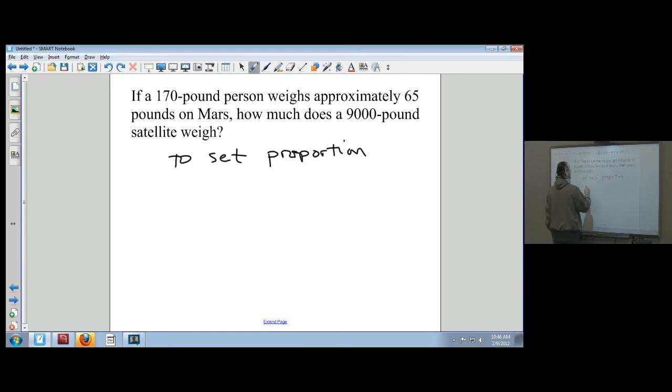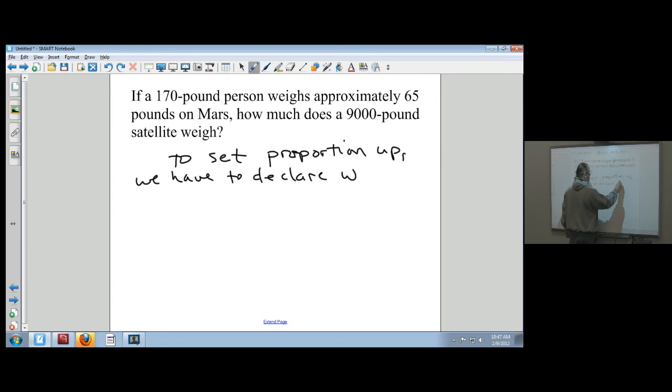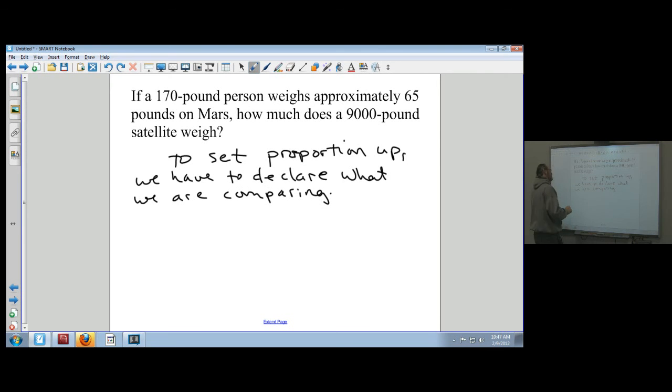To set a proportion up, we have to declare what we are comparing. What are we comparing? We're comparing two items. We're comparing the weight on Mars to the weight on Earth.